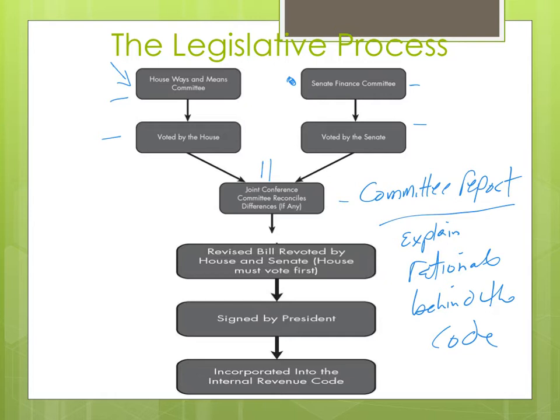So these committee reports are primary sources. All right, and when we go through and talk about our tax research databases, we'll locate committee reports because they can be very, very interesting and very useful when you're looking at different portions of the code.